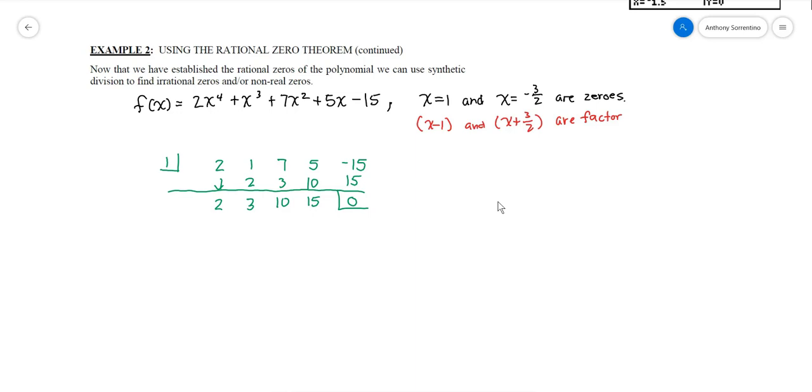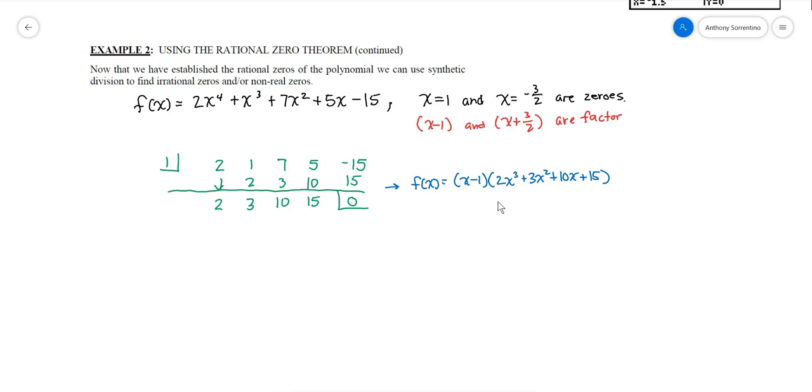Now, I'm not going to stop my division here, because if I stop here, this basically would let me say at this point that f of x equals x minus 1 times 2x cubed plus 3x squared plus 10x plus 15.